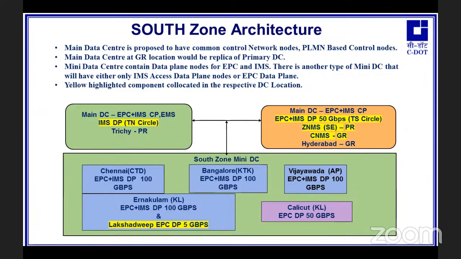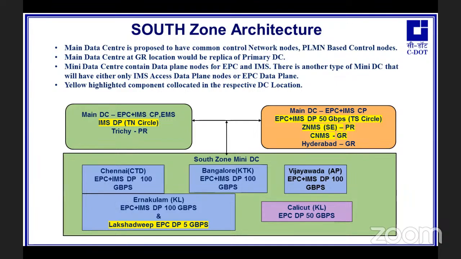East Zone. NMS. Achha, NMS is the zonal NMS of South and East. PR is at Hyderabad. DR, I think, is in Kolkata. The CNMS and the ZNMS are there.